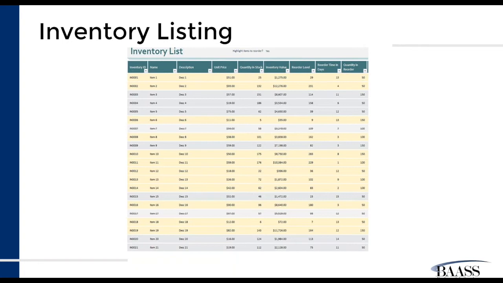This is an example of something in a spreadsheet where we've got the inventory name, a description, the unit price, how many we have in stock, and our inventory valuation. We also have a reorder quantity and reorder days. All of this information can be tracked within the ERP in the inventory modules.